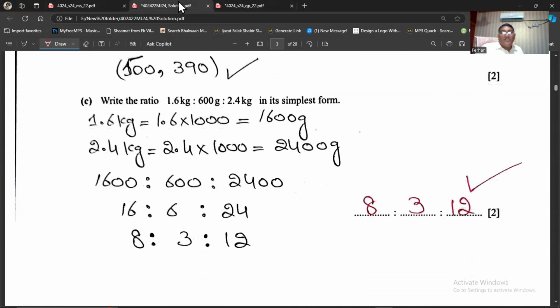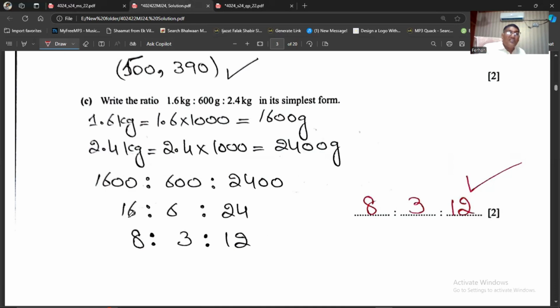So 1.6 kg will be equal to 1.6 multiplied by 1000, that is 1600 gram. 2.4 kg will be 2.4 multiplied by 1000, and that will be 2400 gram. Now I can write the ratio 1600 ratio 600 ratio 2400. The two zeros in all of them will be cancelled. So 16 ratio 6 ratio 24. Now you can cancel all of them with 2.